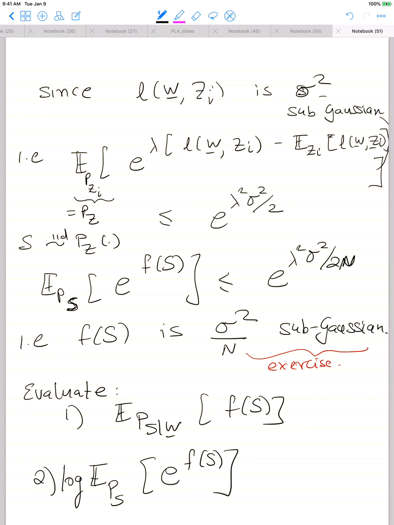When we take the expectation with respect to Ps, we have this bound. So this part follows immediately.